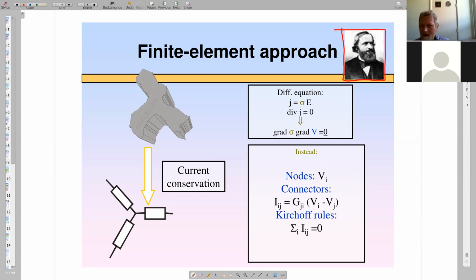What he figured out, and that was really a revolution in thinking about electricity, is that one can apply finite element approach to such systems. For instance, this one, with some accuracy, can be replaced by 3 resistors. Okay, those 3 terminals, right?